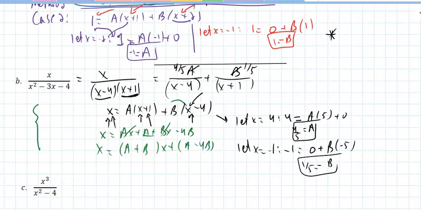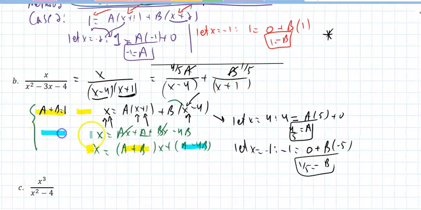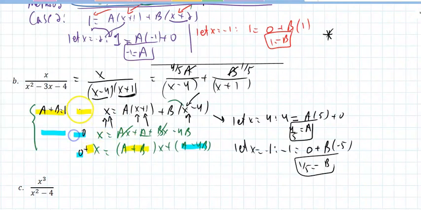They say, look, the number in front of x must equal the number in front of x, so a plus b must be a 1. And the constant term must equal a constant, but there's no constant here. That means there's a 0. So you would say a minus 4b equals 0. And then solve this system of equations.